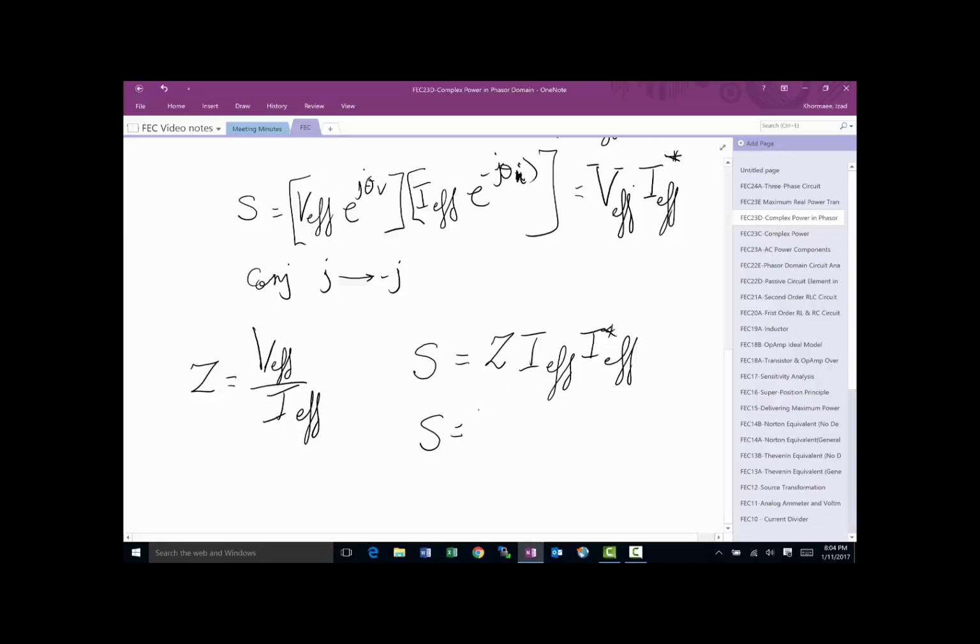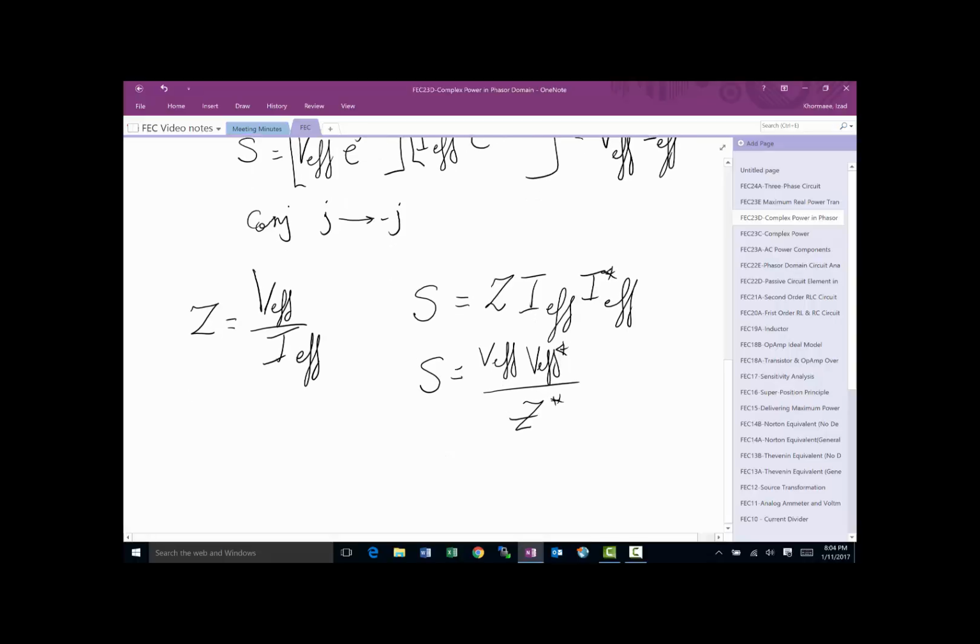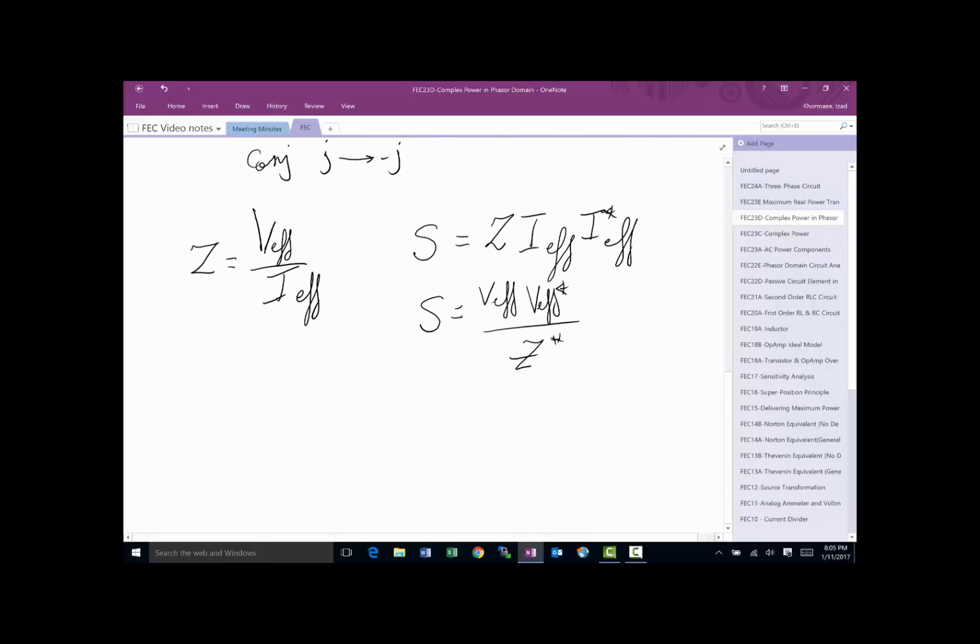It would be V effective times V effective conjugate divided by Z conjugate, actually, because I was conjugated. So these are some of the different ways we can relate power to the circuits we have.